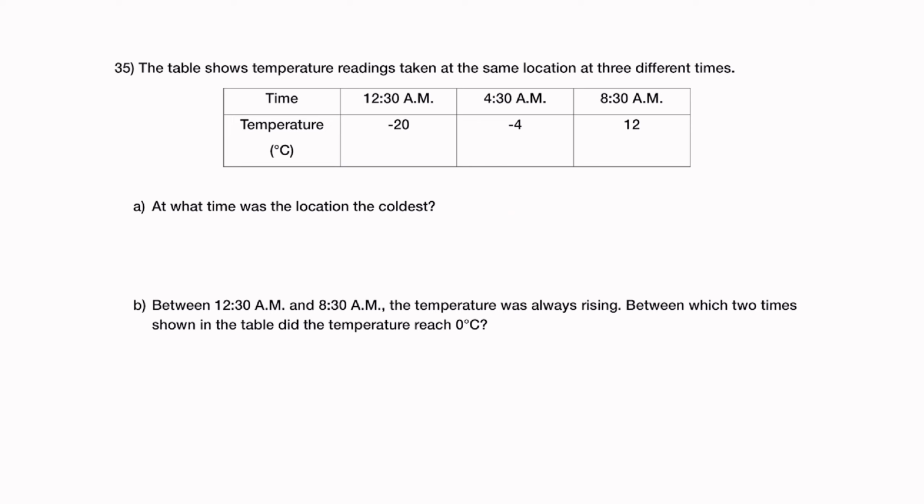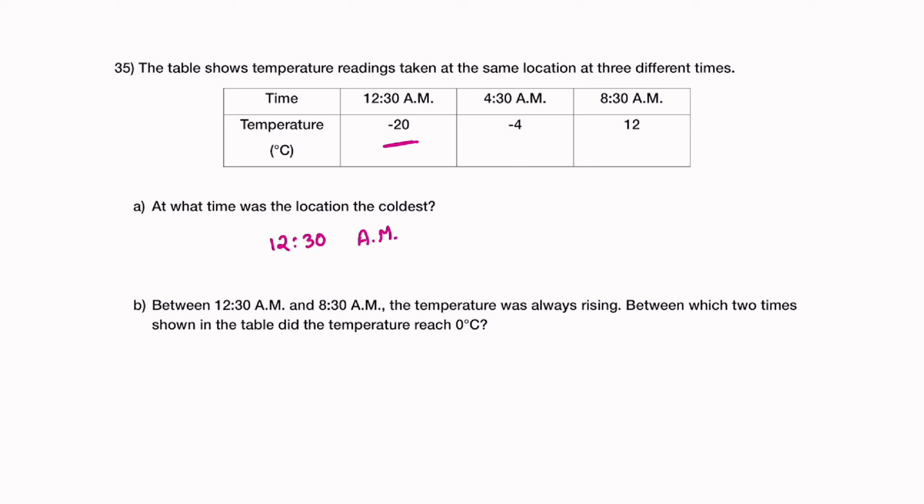Which one is that? So it is this. So it's at 12:30 a.m. That's when it's the coldest, right? Negative sign means it's cold. Positive, it's not cold, right? But if you have two positives, of course, the smaller value would be considered colder compared to that larger value.